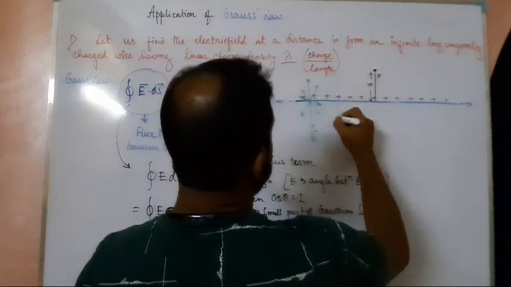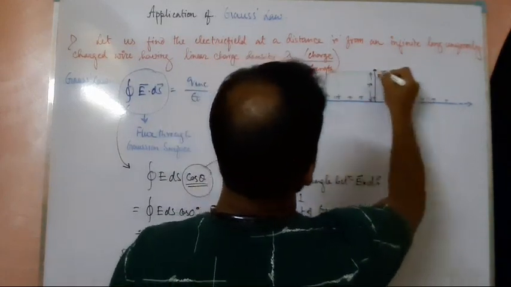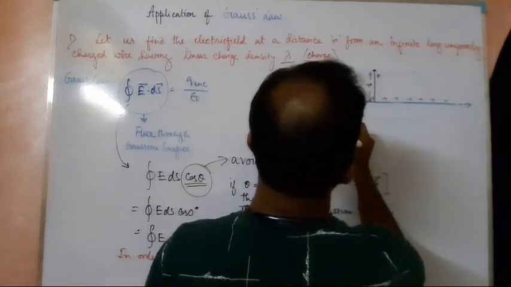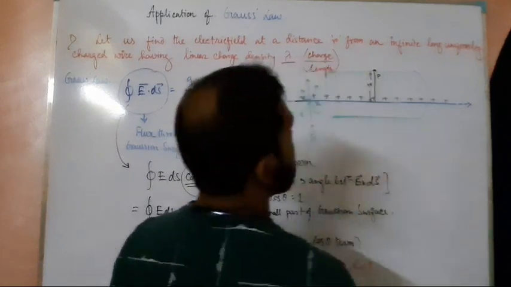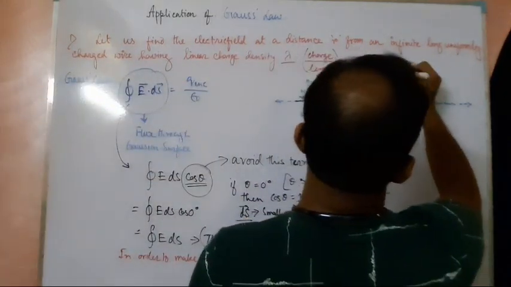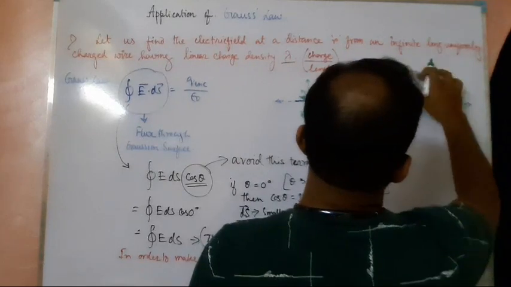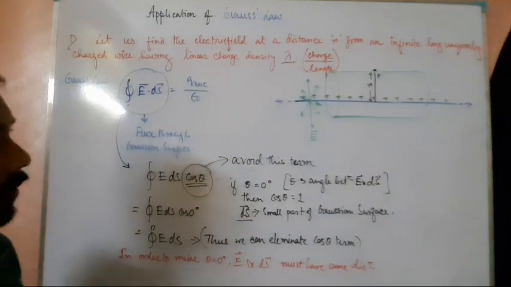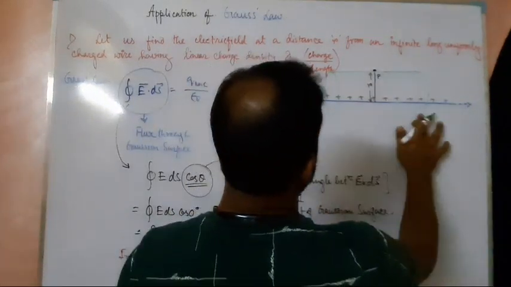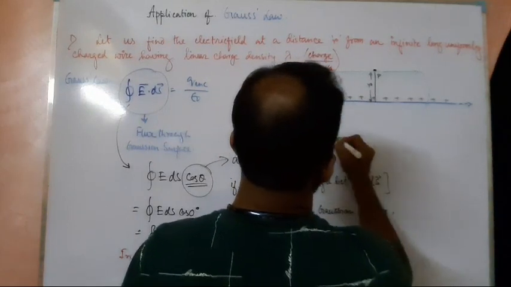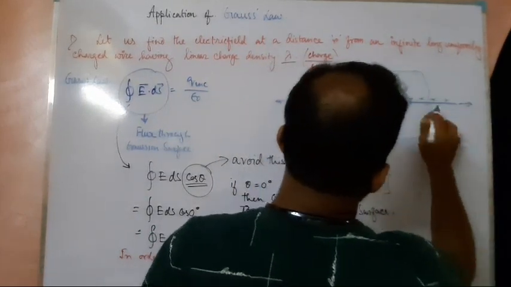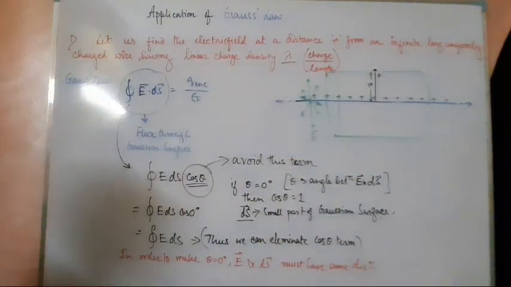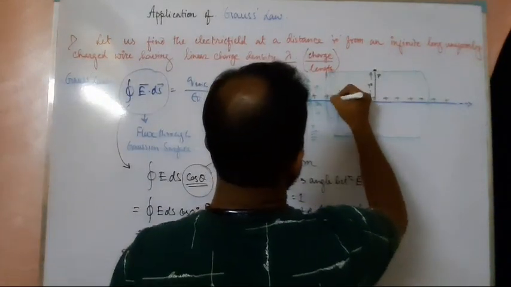If we take a cylindrical surface, then this cylindrical surface will provide two types of surface vectors, because a cylinder has two plane surfaces and one curved surface, and the radius of the Gaussian surface should always be r, so that it can cover the point P. The radius of the Gaussian surface is r.